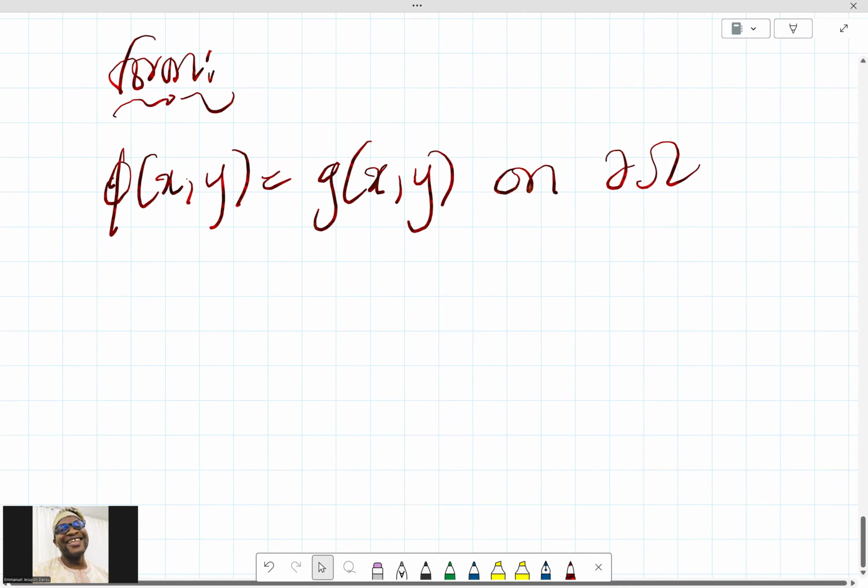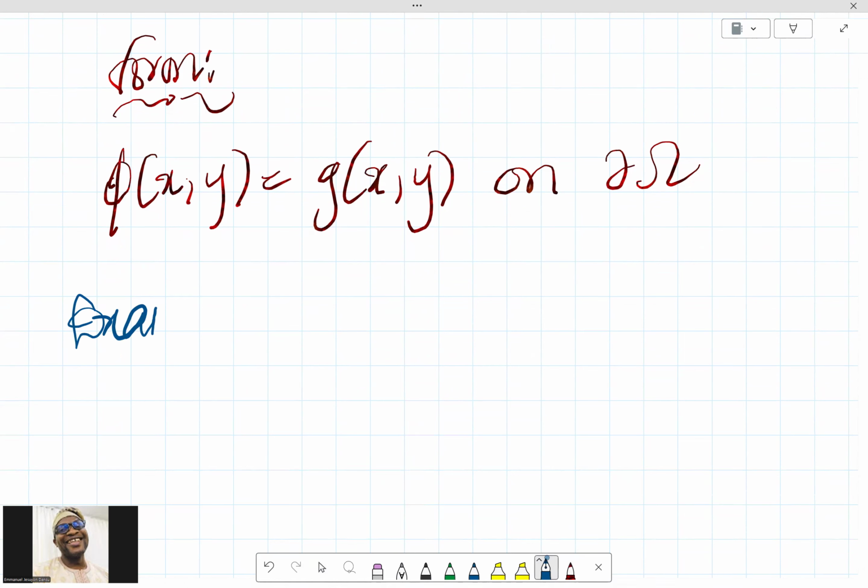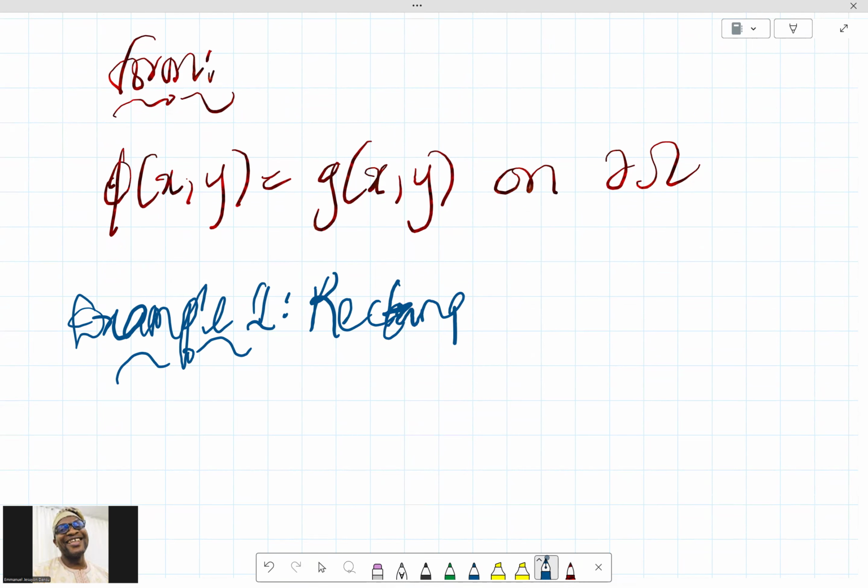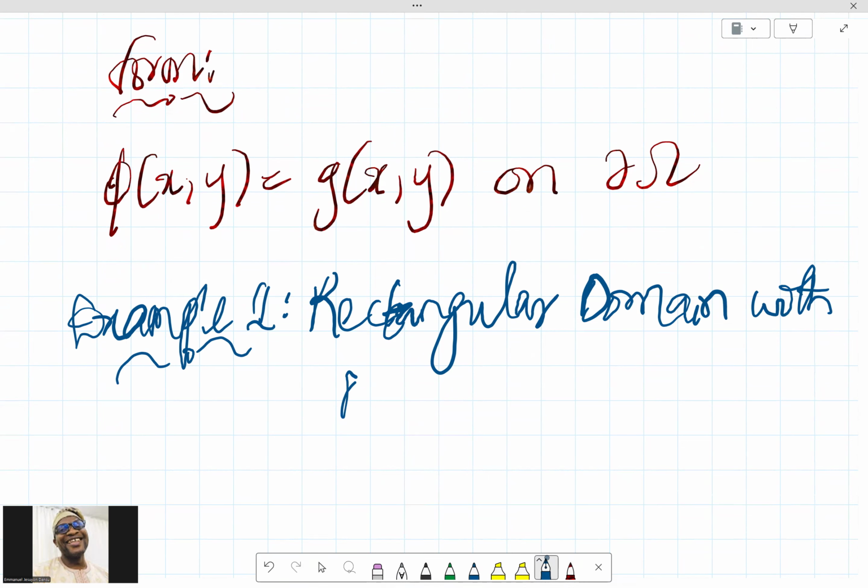If you take an example in that line, let's say example one, rectangular domain with Dirichlet condition.